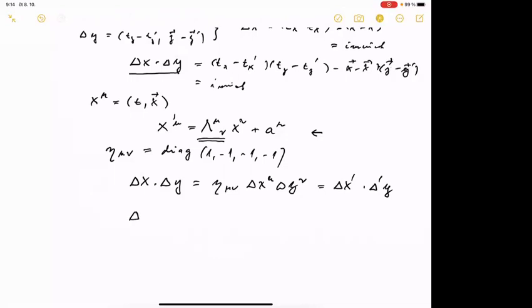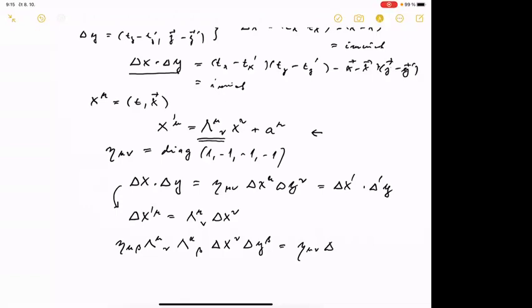Simply, we get δx'^μ = Λ^μ_μ' δx^μ', and from this we obtain Λ^μ_μ' Λ^α_β' ... η_μα ... should be η_μ'β' times δx^μ' δy^μ'.